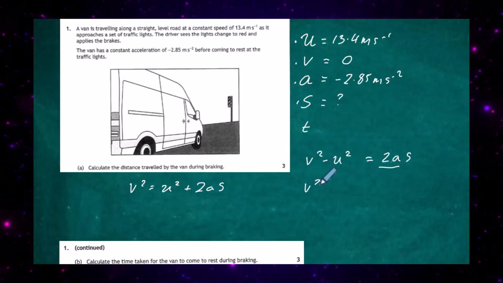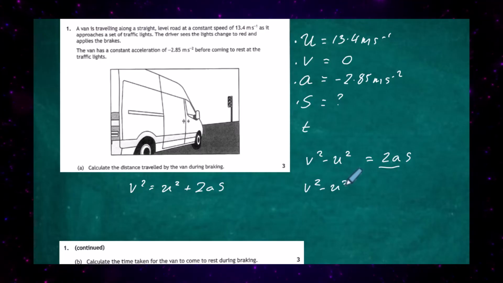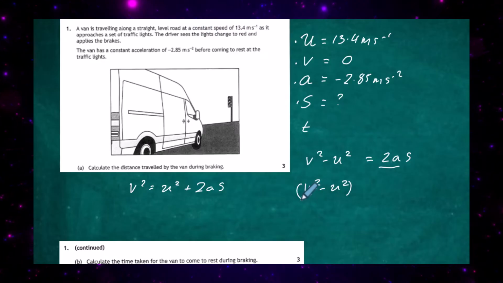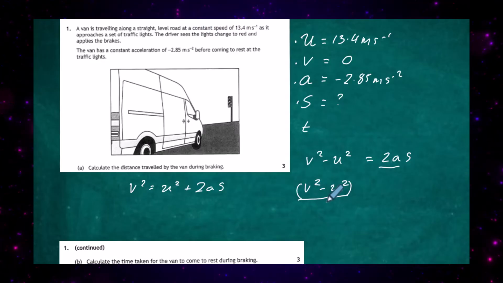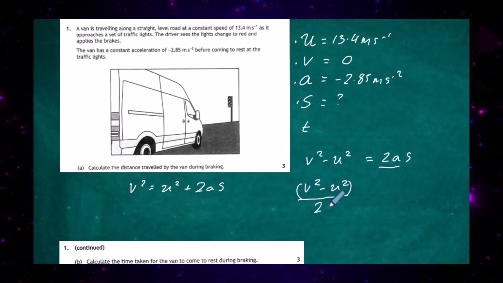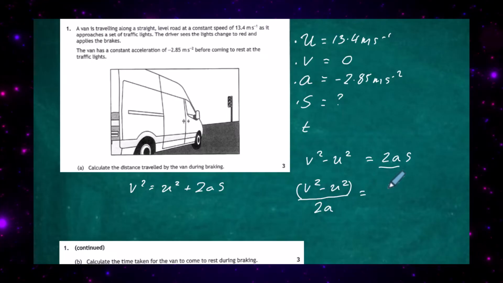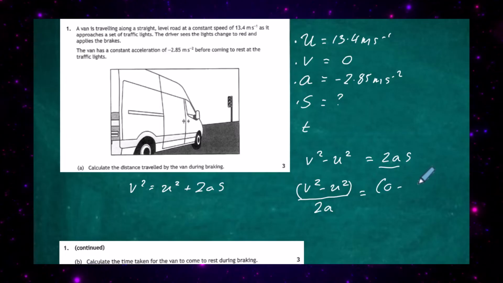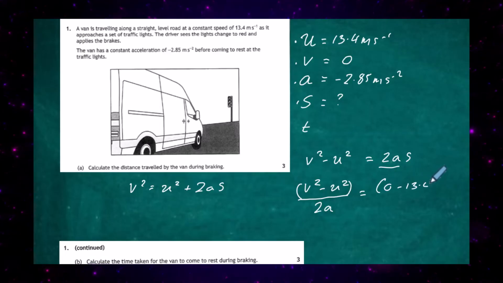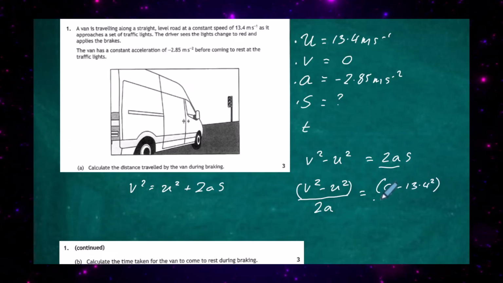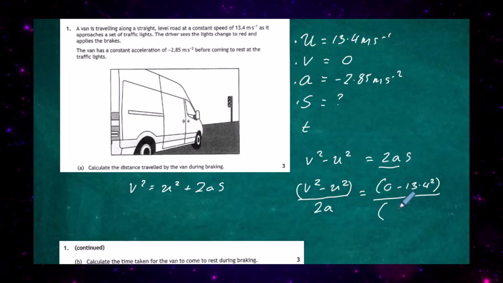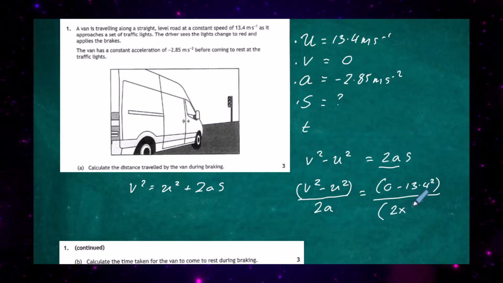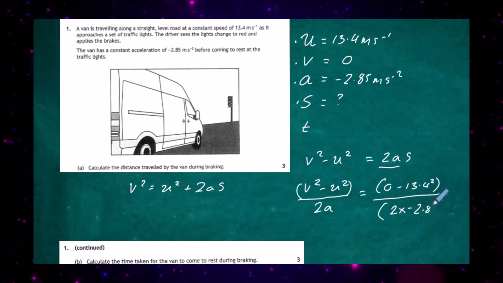This should be well rehearsed: v squared minus u squared, put a bracket around that to show it's one number, and divide that by 2 times the acceleration. All we have to do is put in our values. We have 0 take away u squared, which is 13.4 all squared, divided by 2 times the acceleration, and remember it's a negative acceleration, so minus 2.85.